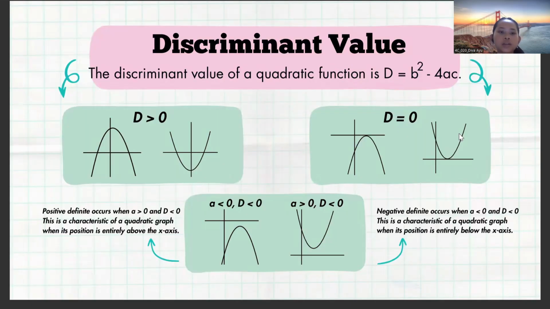Next is discriminant value. Another important concept is the discriminant. The discriminant is calculated using the formula D equals b squared minus 4ac, and the discriminant tells us how many real roots a quadratic equation has.